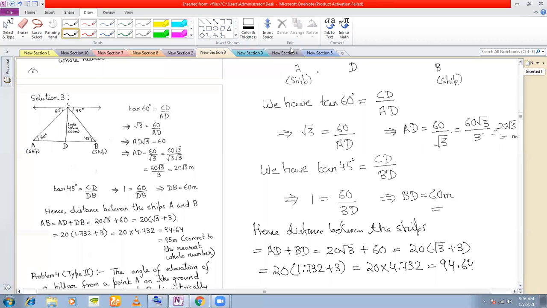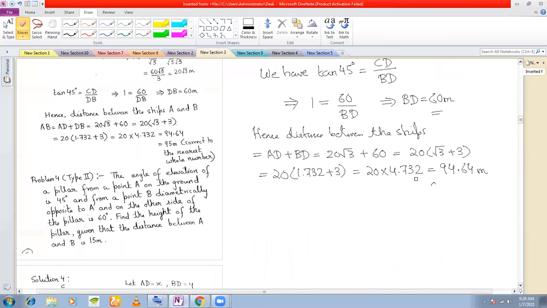Multiply this, you get 94.64 meters, which when rounded off to the nearest whole number is equal to 95.